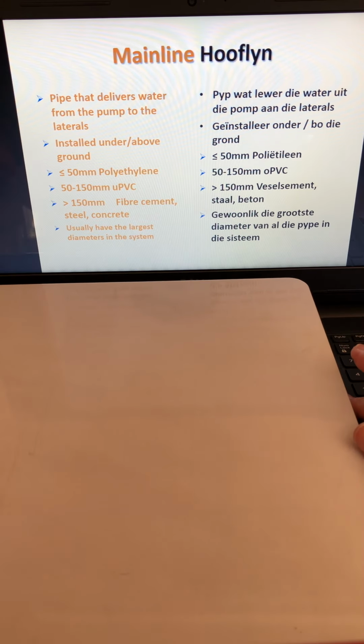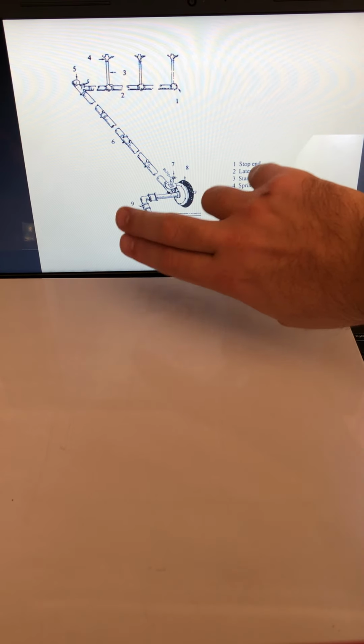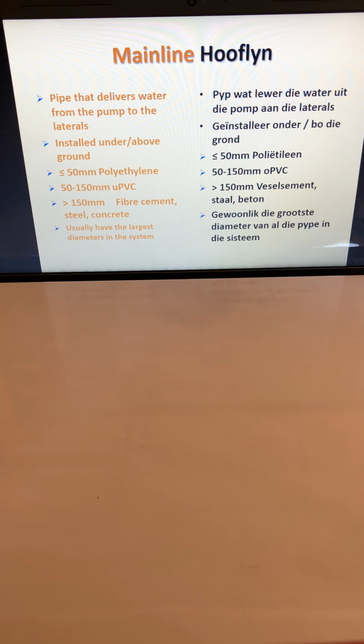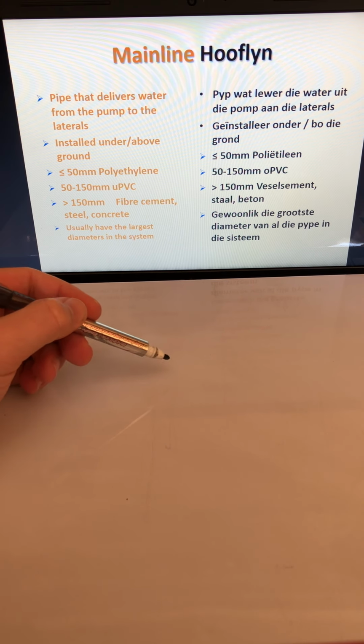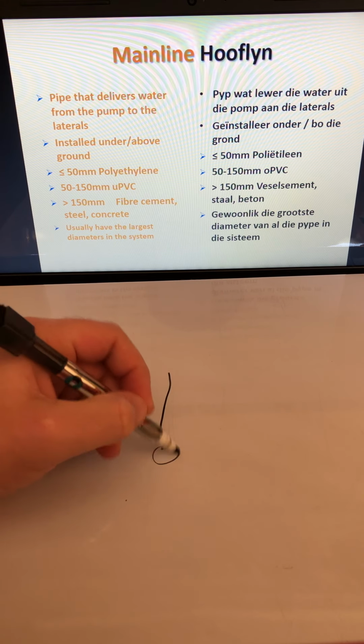So firstly, let's look at the main line. Just to make sure everyone understands, it's this line that is coming from your pump. The pipe delivers the water from the pump to the laterals. So maybe we can look at it like this as well. Here's your main line. That's your pump.